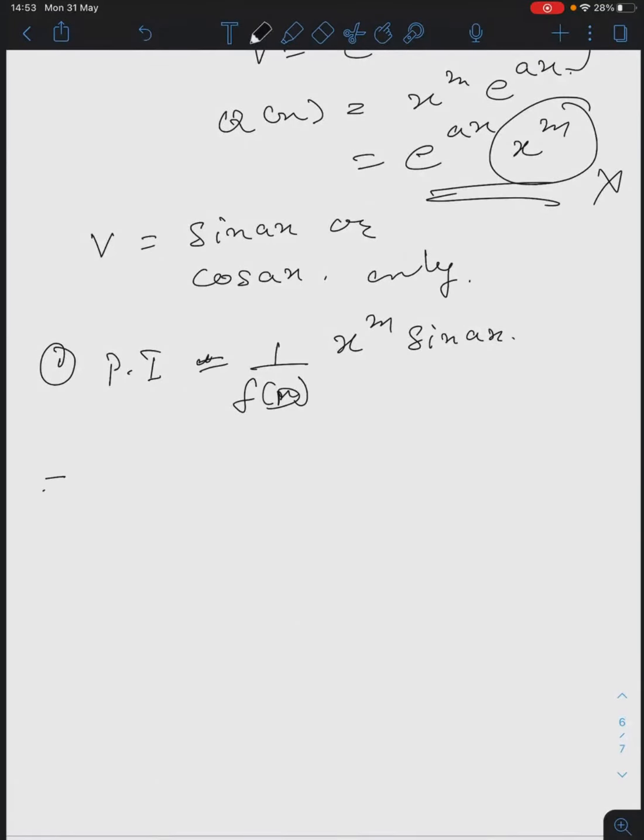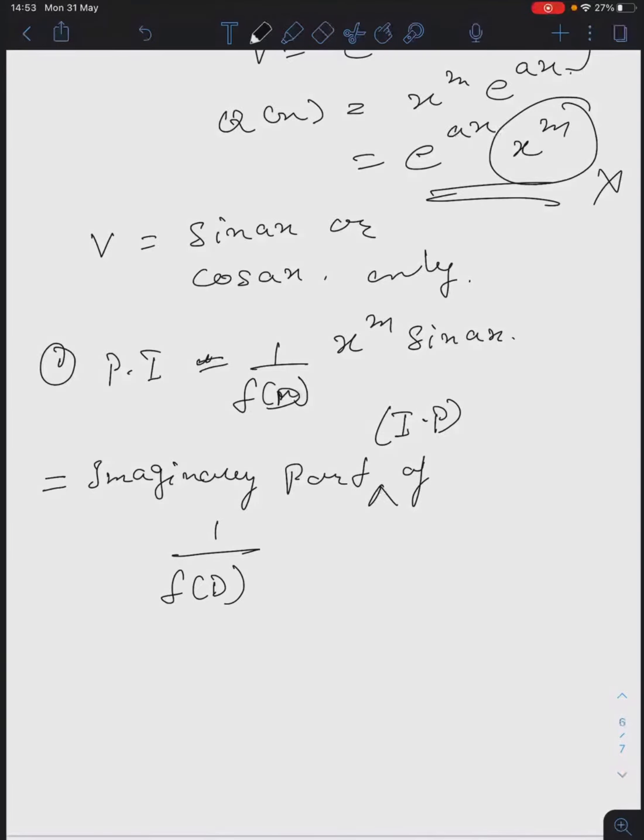Now, can I write this statement as imaginary part, in short form IP, of 1 by f of D on x to the power m times cos ax plus i sin ax? Can I write it?